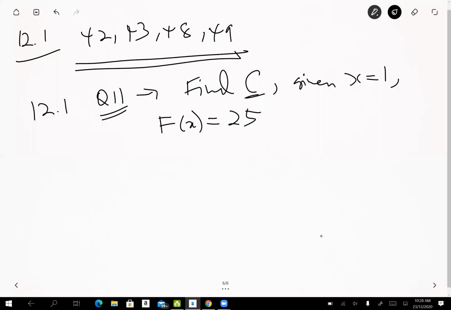Okay, so you should get C 22.4. That is one of your friends who got 22.4. Now, if you get another value, that does not mean you are wrong. Probably he is wrong. So we just go through that. Anybody who has a different value of C?